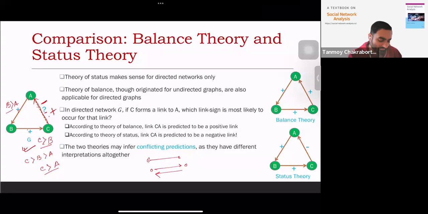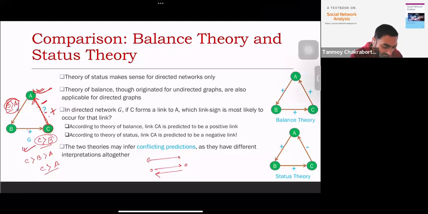Now when we discuss status theory, it is very important that we take the relative position or relative status. Say, for example, if this condition and this condition are satisfied, then the link from C to A is expected to be negative, right? But we do not know what is A's opinion, right? We do not know what is A's opinion.